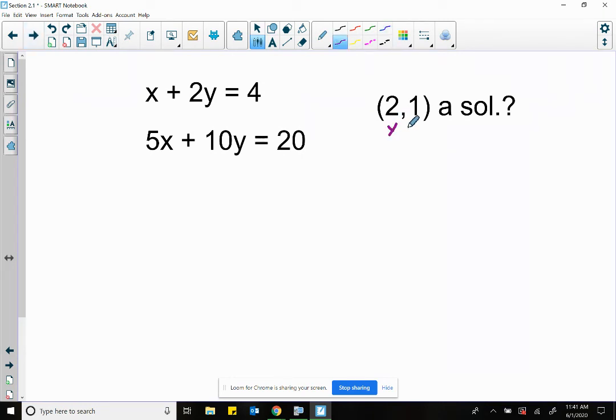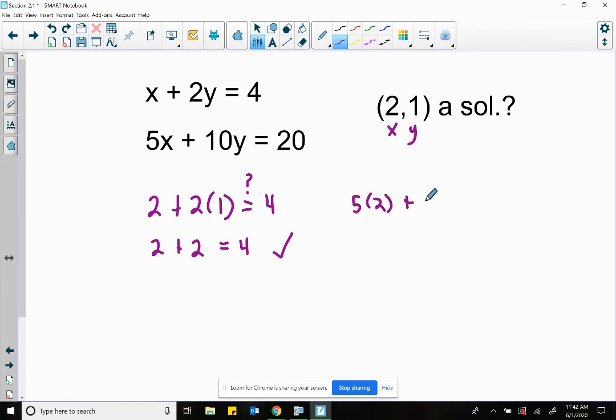Okay, so this is your x, this is your y. Let's plug in. So x is 2 plus 2 times y is 1 equal to 4. So the question is, does it really equal 4? Well, that's 2 plus 2 times 1, and 2 times 1 is 2. So does 2 plus 2 equal 4? Yes, indeed. So now we check the other one. So far, it is a solution. So let's check this guy: 5 times 2 plus 10 times 1.